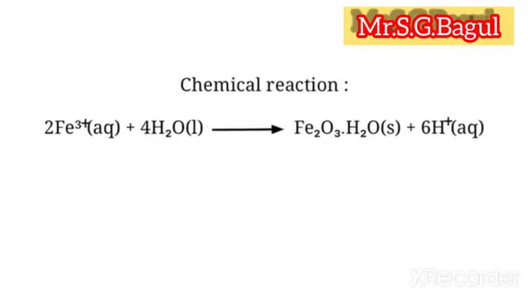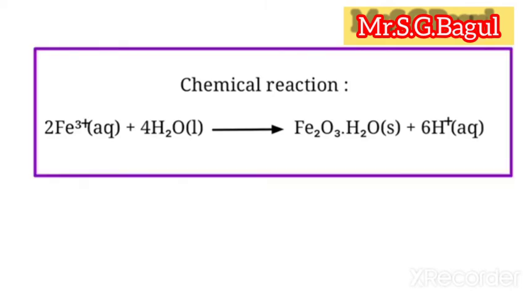When Fe2+ ions migrate from the anode region, they react with water and further get oxidized to Fe3+ ions. Fe3+ ions form an insoluble hydrated oxide, which is deposited as a reddish brown layer on the surface. It is called rust. This is our chemical reaction.